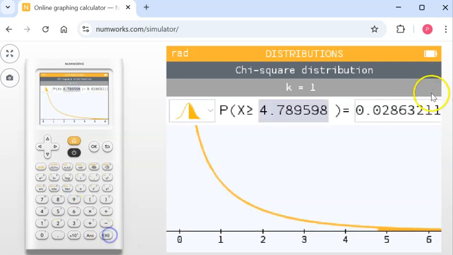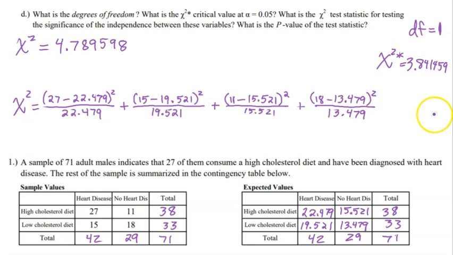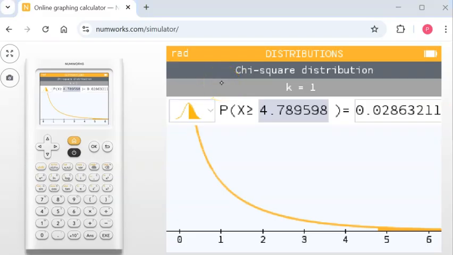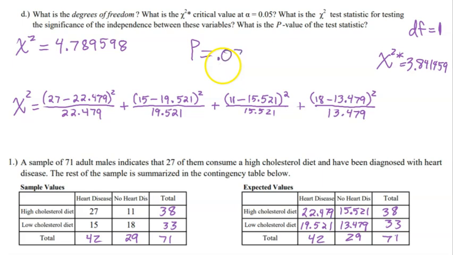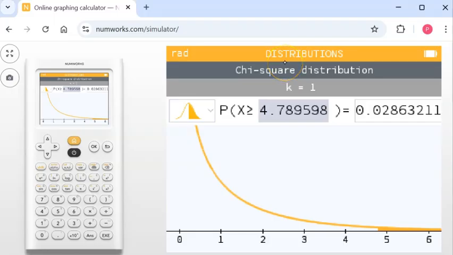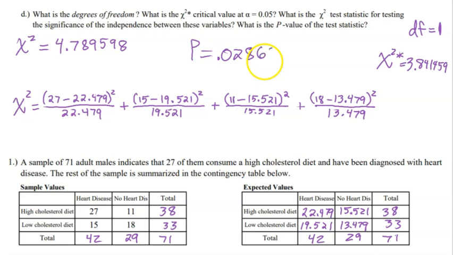And then we'll hit execute, and this is our p-value. It's 0.028632. So our p-value is 0.028632. And that's it. That's all they asked us to do.